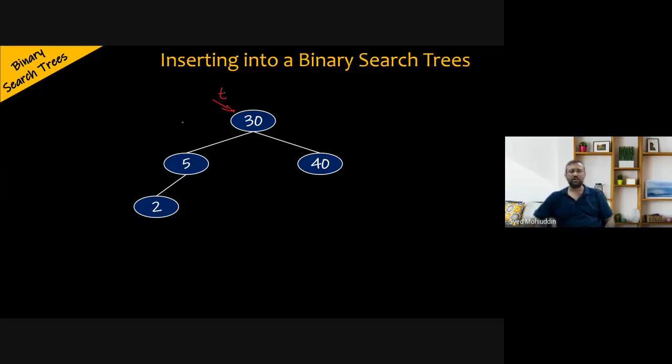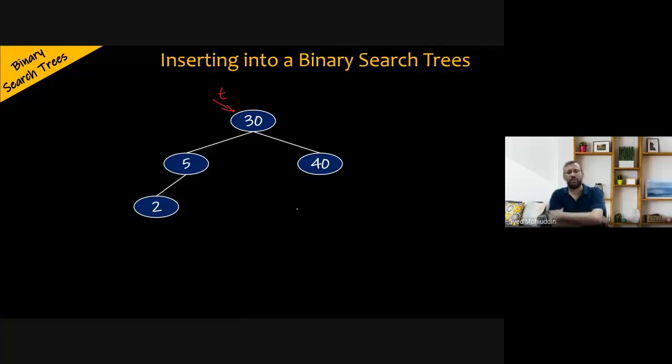Now if there are no elements in the tree, root node will be null. So if there are no elements and we are trying to insert an element, then we simply make that element the root node of the tree. There is no need to search because there are no elements. So we make that element the root node itself.